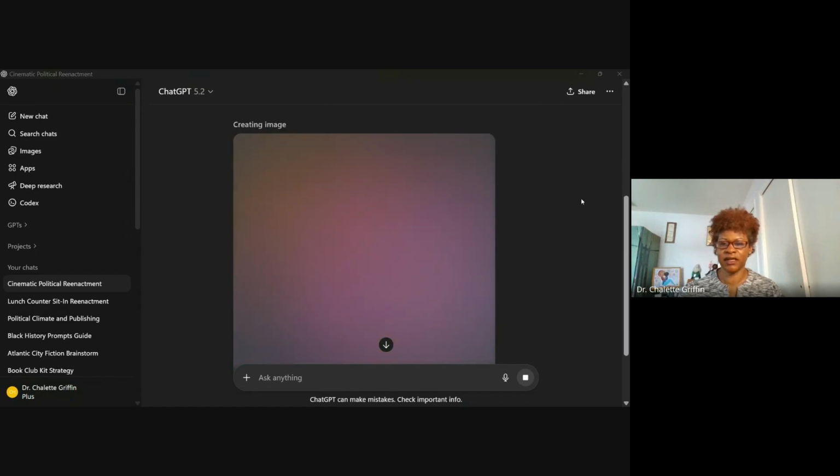All right, here we go. Now we can see. I couldn't see it before, it was so far down, I couldn't see the image being created. But I'm all about creating images where you don't have to be so direct, because the environment could really speak to the emotion of the piece.